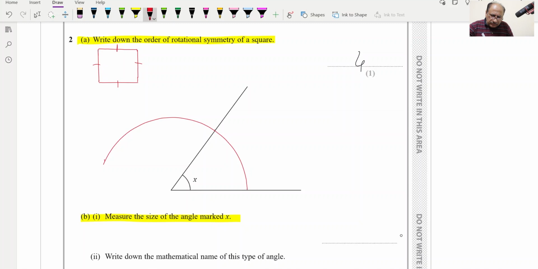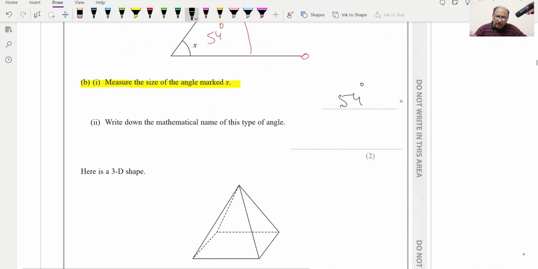We will check this line, and from this side we will be checking. This will be our 0 line, and the angle will be 54. So we can provide the angle as 54 degrees.